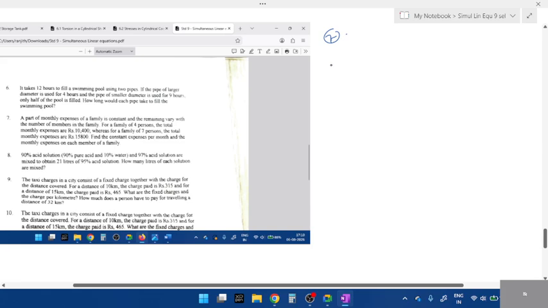For a family of four persons, the total monthly expense is 10,400, whereas for a family of seven, the total monthly expense is 15,800.